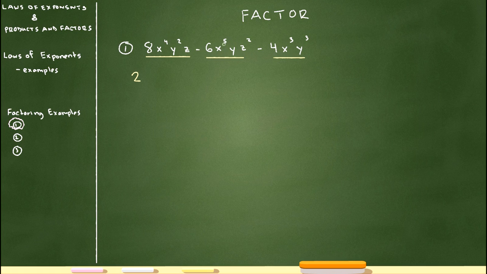It also goes into x to the fifth, because if you multiply this by x squared, you get x to the fifth. So it's just going to be the lowest degreed term here that you're going to take out. So between x cubed, x to the fourth, and x to the fifth, what's the smallest piece that's going to go into each of those? Well, it's going to be x cubed.